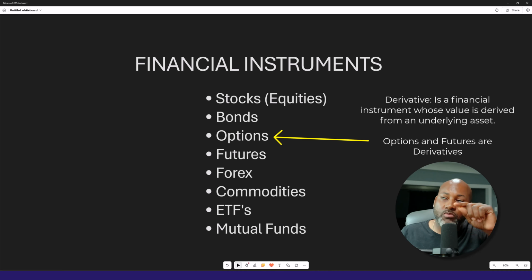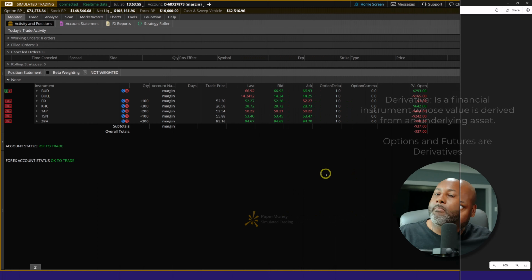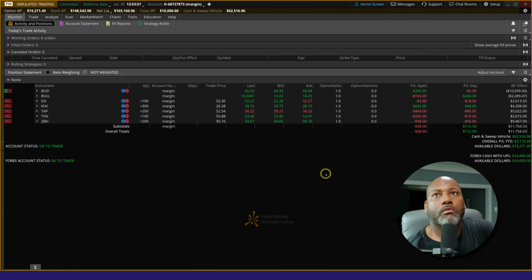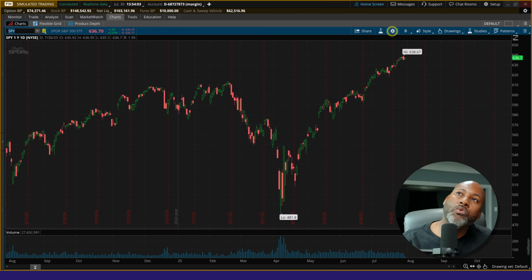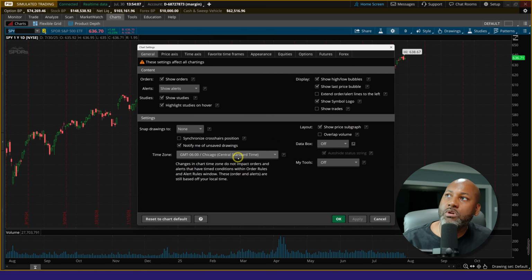Like we have stocks where it says equities, we should see options with derivatives next to it. That's also a derivative. Okay, I wanted to show you what I meant by equities real quick. So if we go back to the charts and we go to settings, chart settings, when this menu comes up, I want you to notice, so it'll be easier to see on the white, this area right here.